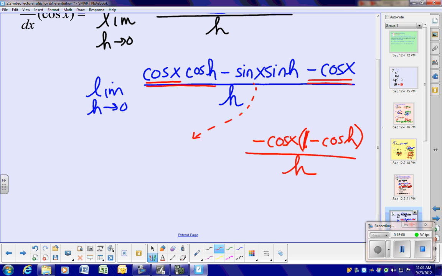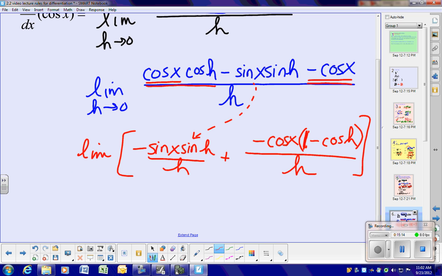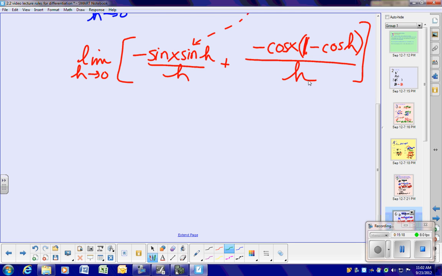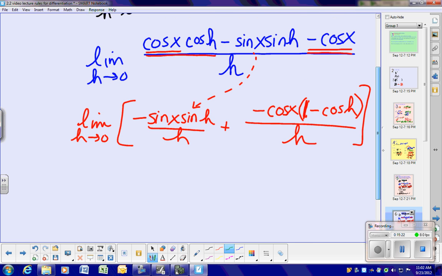It's very analogous to what we did on the previous slide, okay? So this, the sines over an h, and together, okay? Taking the limit, okay? And because I can take the limit of each part of this, I actually probably should have written a limit in front of each little piece here.